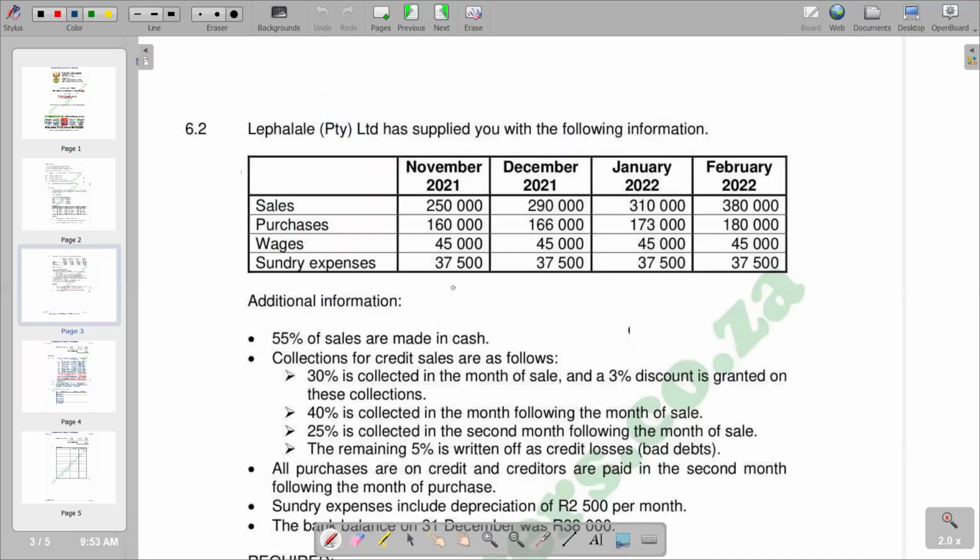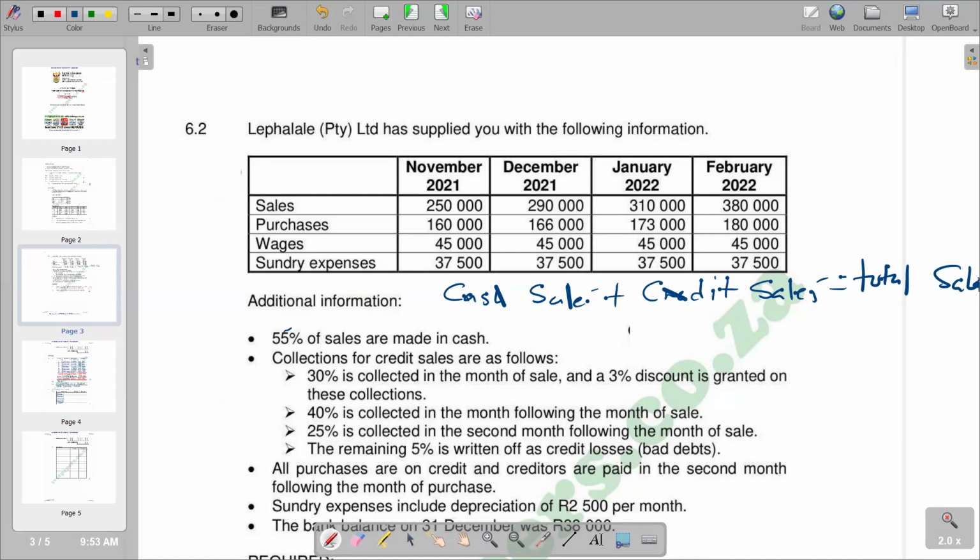And remember, if you add cash sales to credit sales, it gives you total sales. So we can just take note of that formula. With that, we can find our credit sales given cash sales.